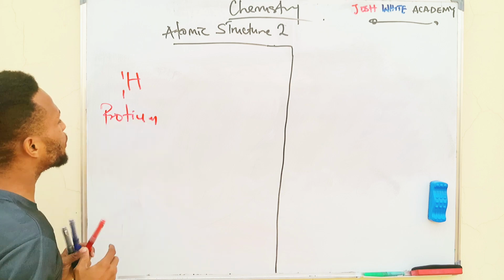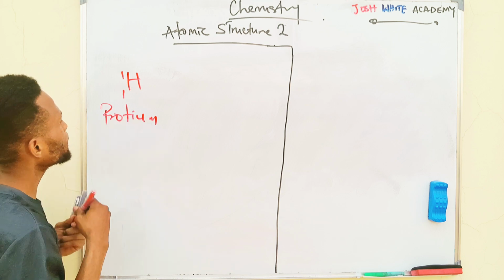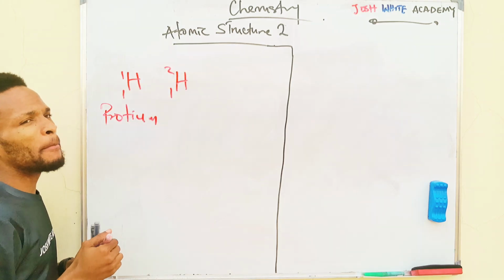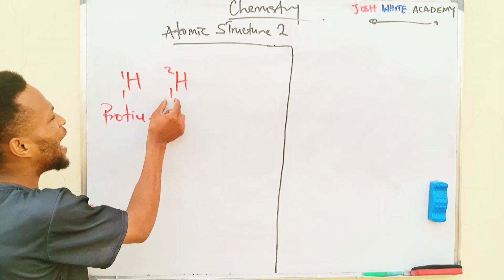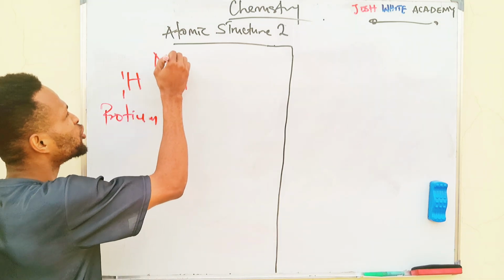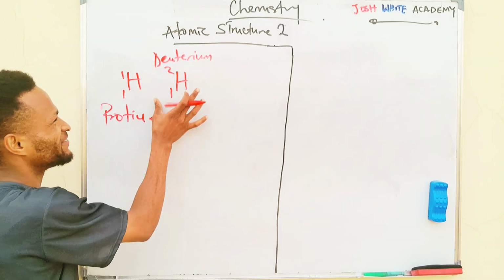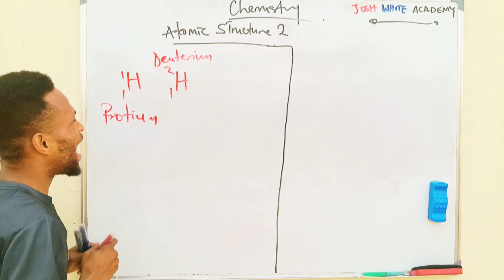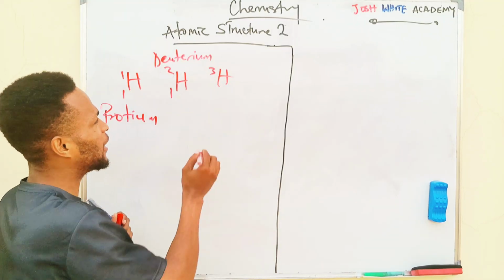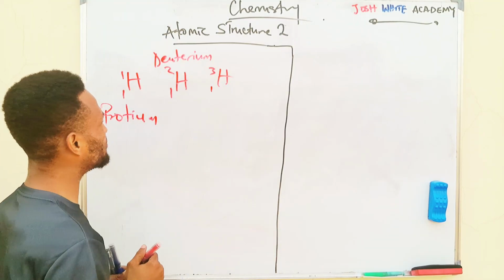Then we have the one that has 2 mass number and 1 atomic number. We call this deuterium. It's radioactive. And lastly, it also has an isotope that has 3 mass number and still 1 atomic number.